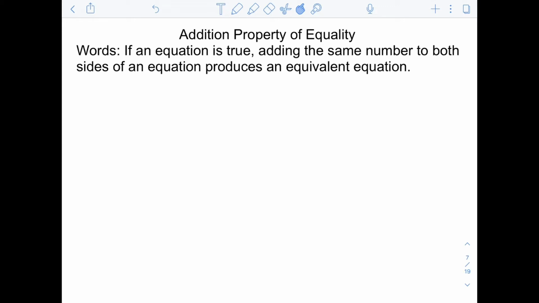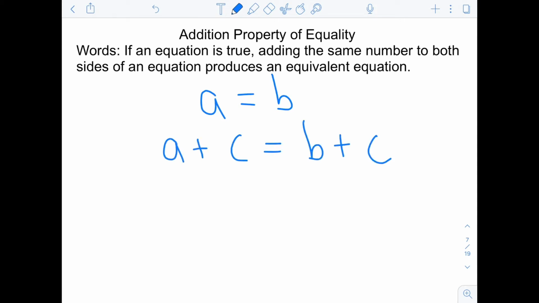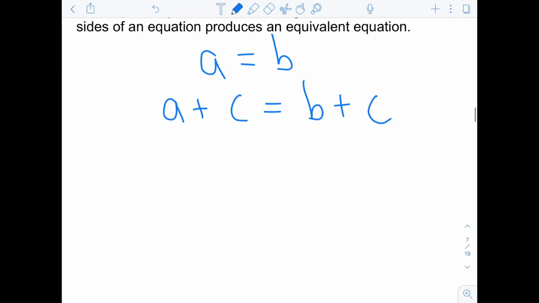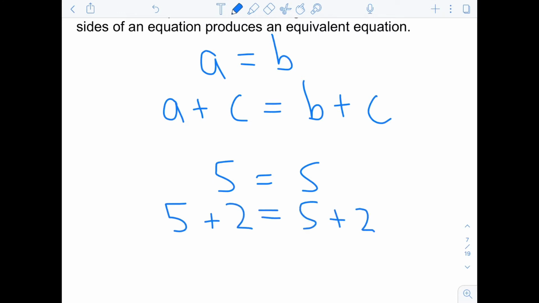So if I have a equals b, I could add some number c to both sides, and it'll still be true. For example, if I have 5 equals 5, I could add 2 to both sides, and it's still true.